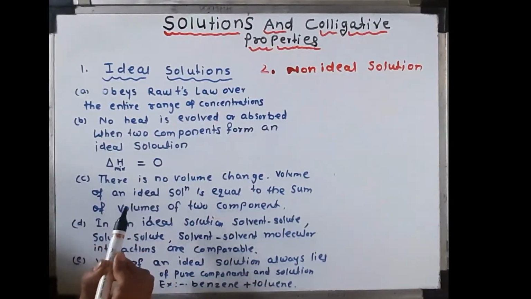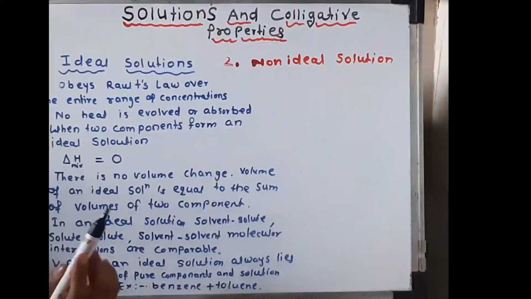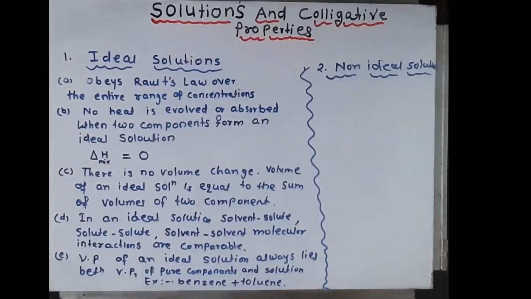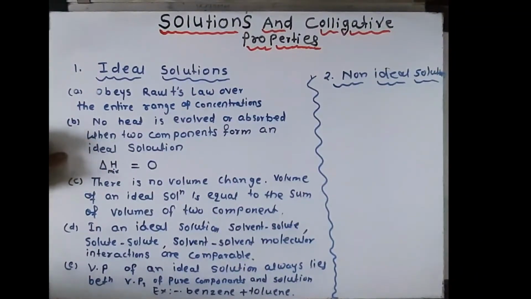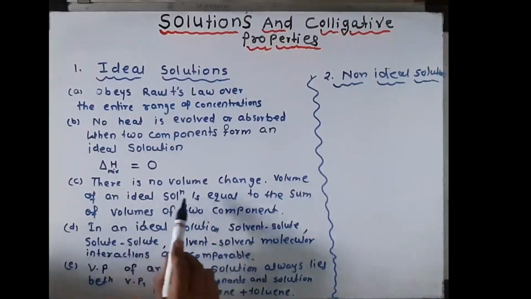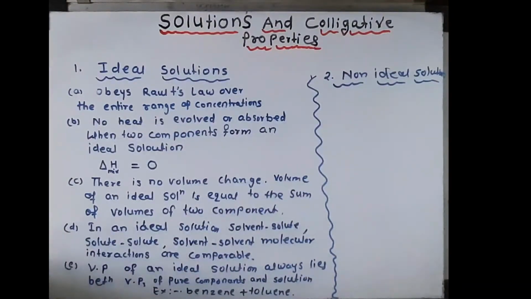There is no volume change; the volume of an ideal solution is equal to the sum of the volumes of the two components. The interactions between solute-solute, solvent-solvent and solute-solvent are comparable, and the vapor pressure of an ideal solution always lies between the vapor pressures of the pure components. The example is benzene plus toluene.